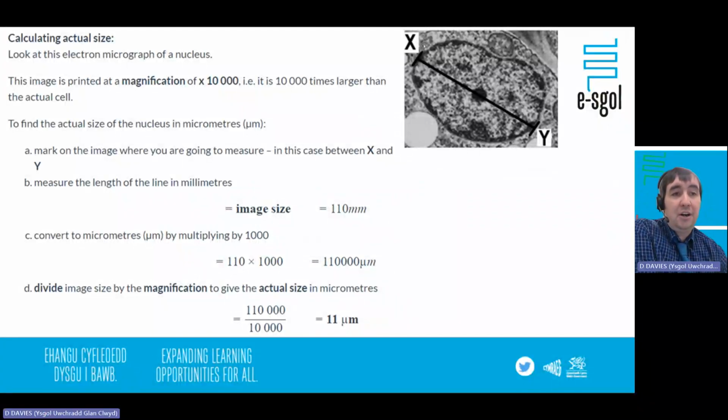So, calculation of actual size. This image has a magnification of 10,000 times, so it's 10,000 times larger than the real thing. Find the actual size in micrometers. You mark where you're going to measure, between there and there. Be careful.